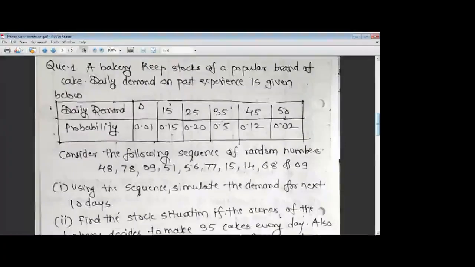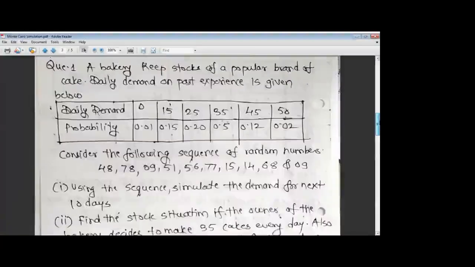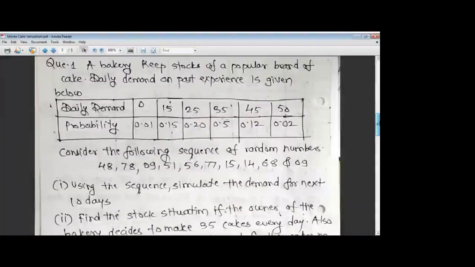The explanation of these steps has been given in the graphical context, but when we try to solve the numerical, that graphical context does not hold good. We'll have to do some mathematical calculations, so I'm not going to devote much time on that. We'll see the numerical, and via the numerical I'll make you understand how this simulation works.